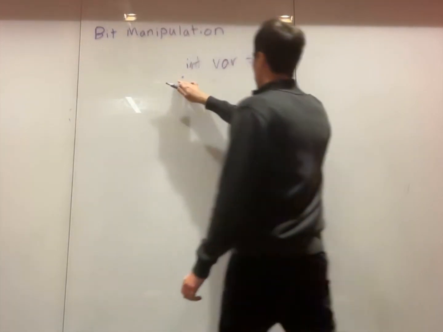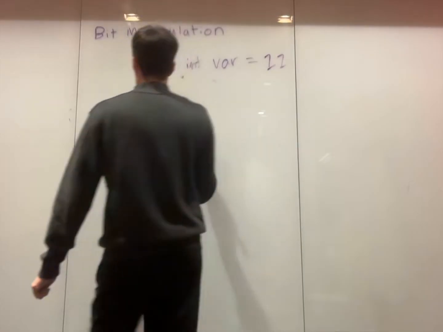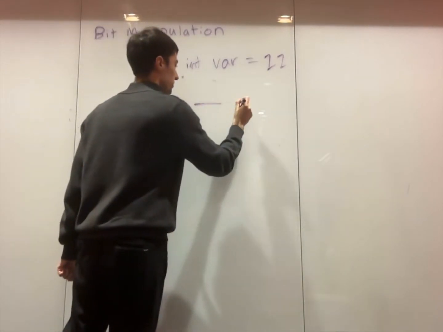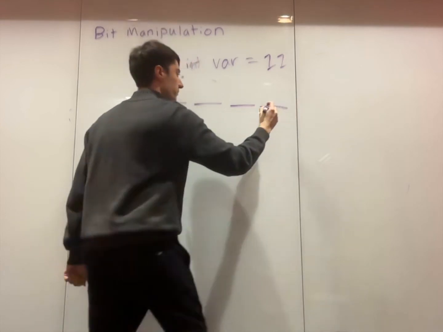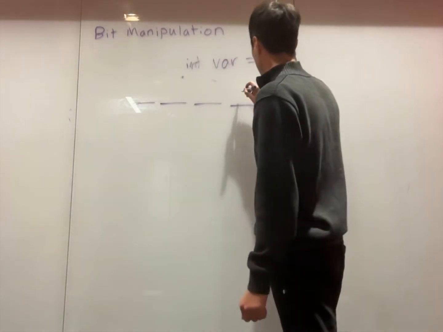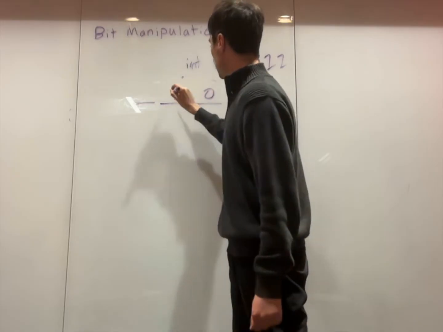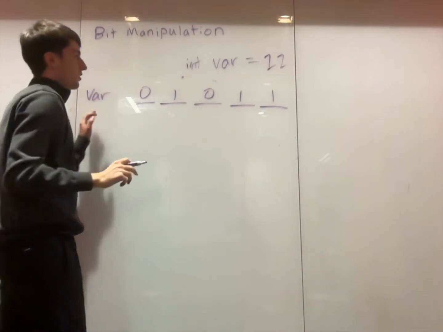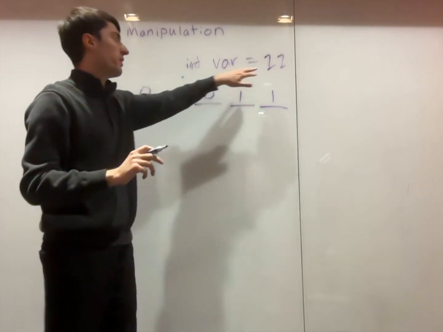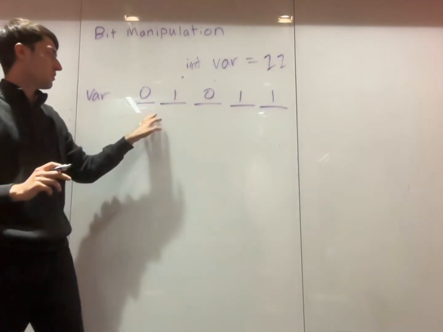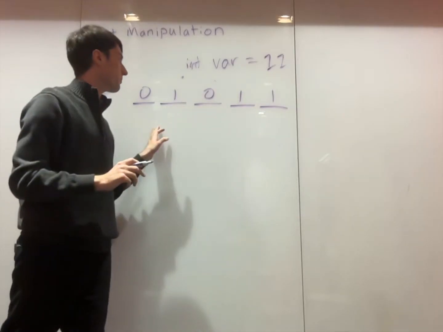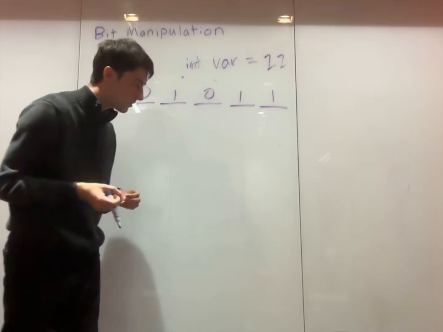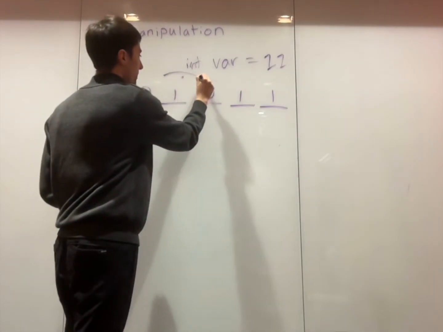They're going to give you a variable, 11. So var is of type int, and it's equal to 11. And that's the binary value. And they're going to ask you, I want you to check if this place is set.